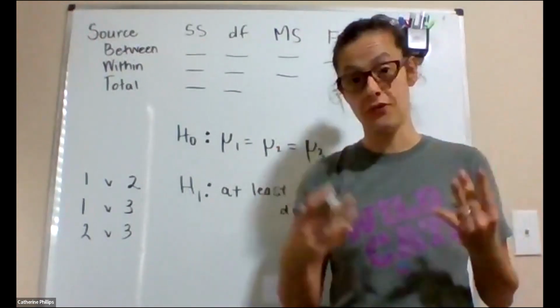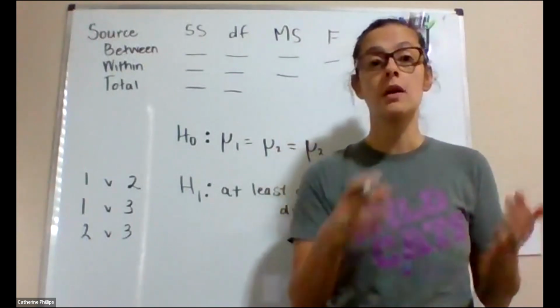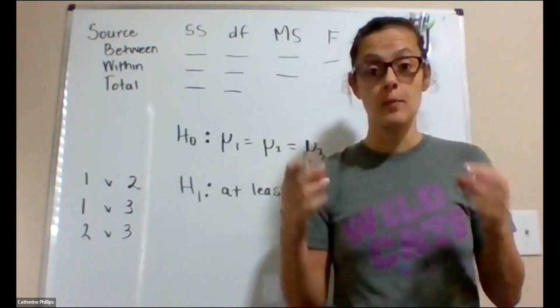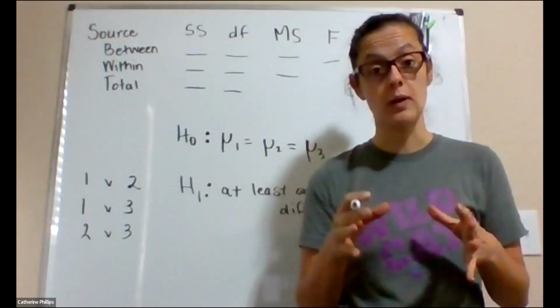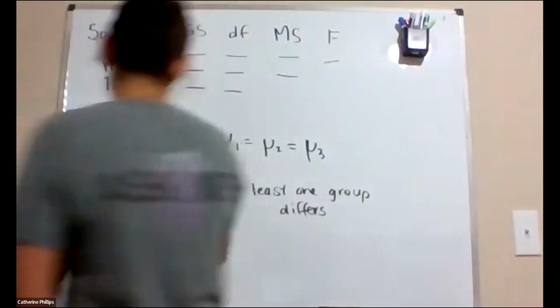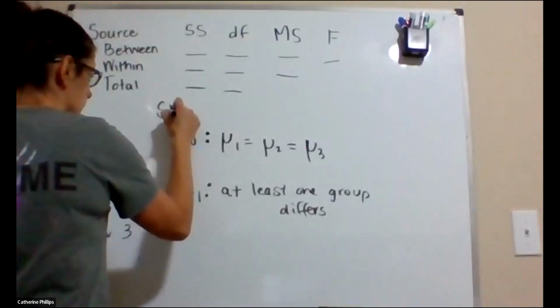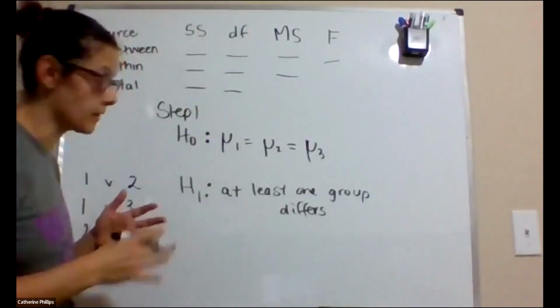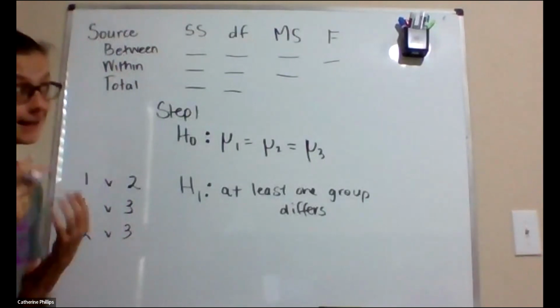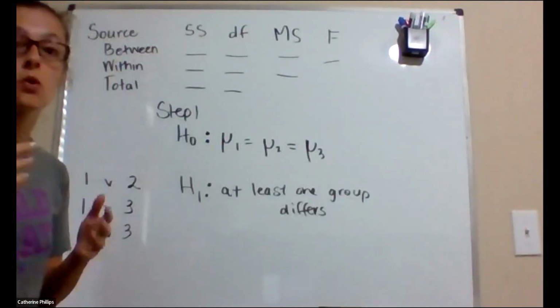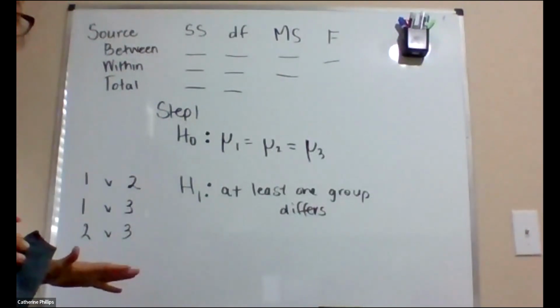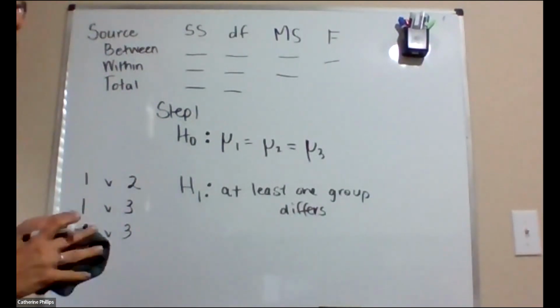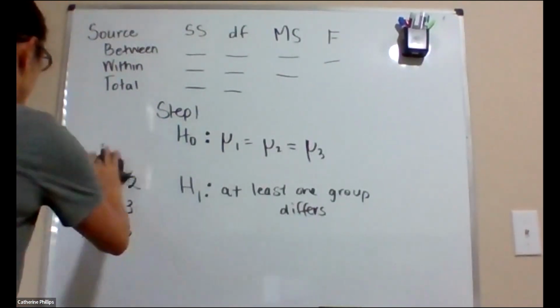To figure out where those differences are, we'd have to do the post hoc tests, which isn't part of this particular question. So this is step 1 of the hypothesis testing procedure. It can be helpful to label each step so that you are less likely to miss a step.